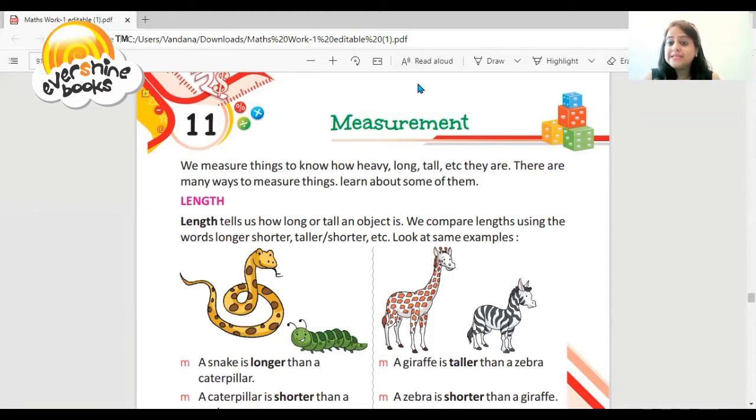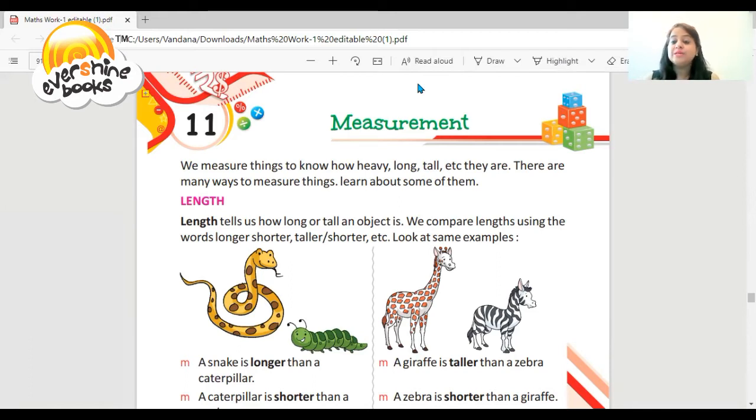Length is the shortest distance from one end to the other end of an object. It means length tells us how long or tall an object is. We compare length using the words longer, shorter, taller, etc.